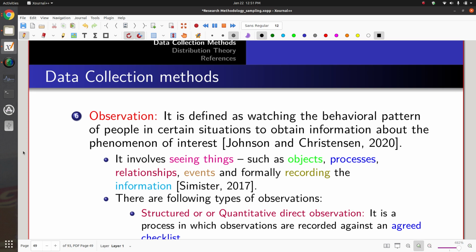So if you want to become a good researcher, then you should develop the capability to observe things minutely, बहुत बारीकी से देखने की. कई बार कहते हैं ना, बारीक नज़र होना चाहिए आपकी. So as a researcher you also have to have this kind of view. And many times in many research, observation is used to understand the behaviors of people. If you are studying people's behavior, or if you are studying animals or birds, you can also use observation, okay, to study any kind of phenomena that you want to understand about them.